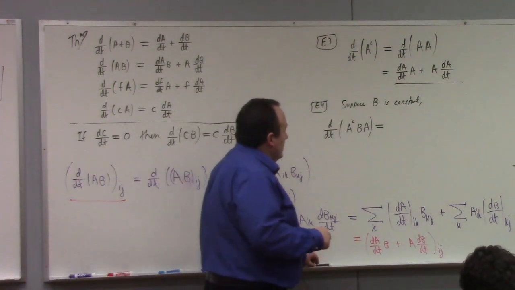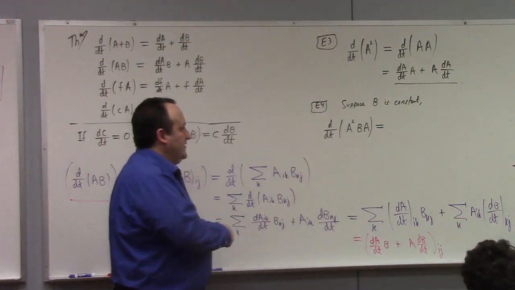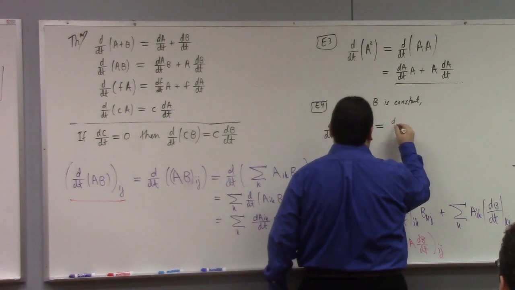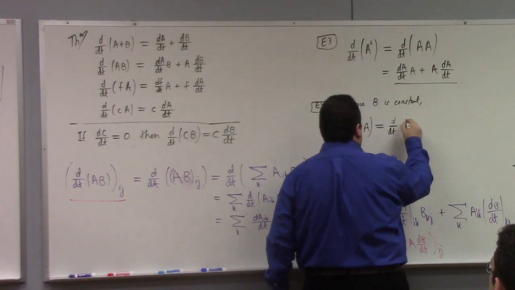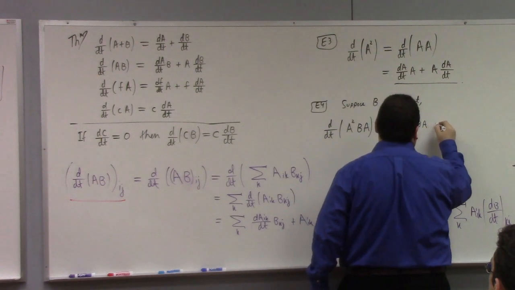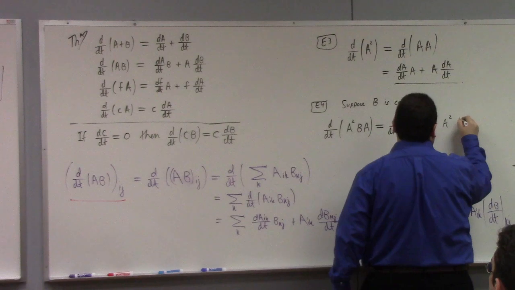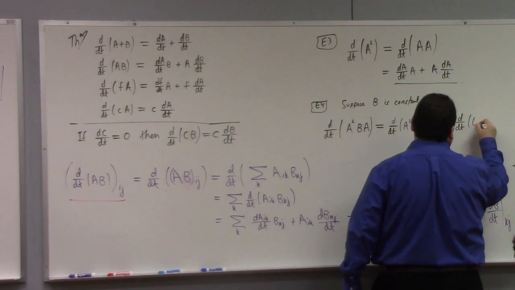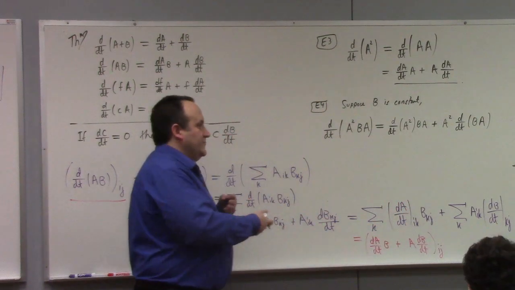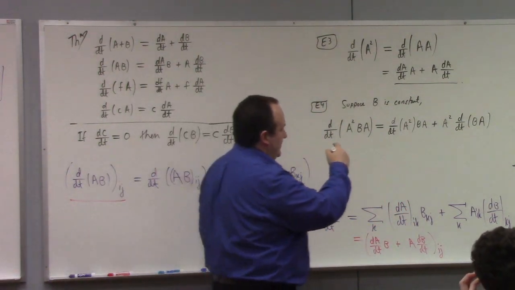Let's see here. Okay, so how did you guys do? What I would do here is d/dt of A squared times BA plus A squared times d/dt of BA. That's the product rule. Now I just worked out what d/dt of A squared was in example 3.